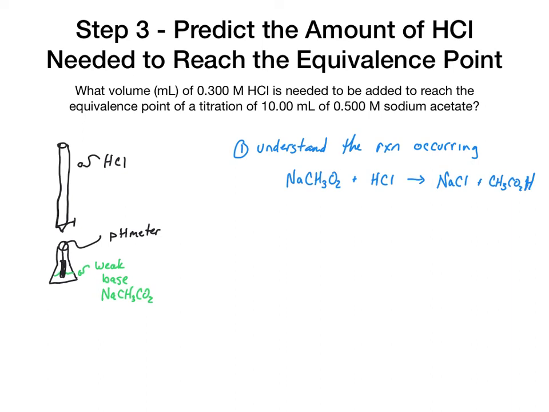This is a standard acid-base reaction like what we learned last semester. And notice that we have a single arrow. This means that we are working with stoichiometry. And so to find the moles of HCl needed, we have to do stoichiometry.